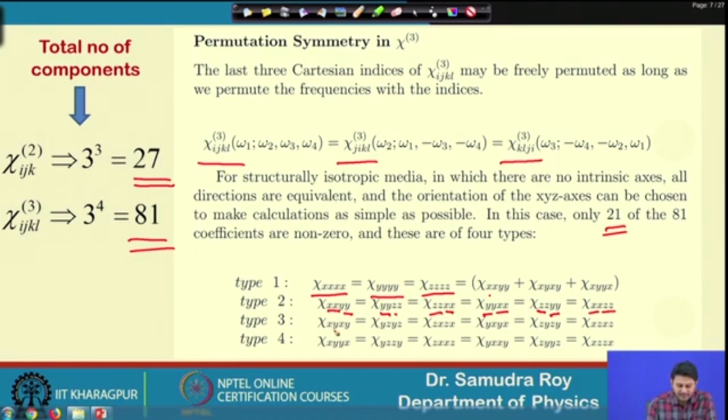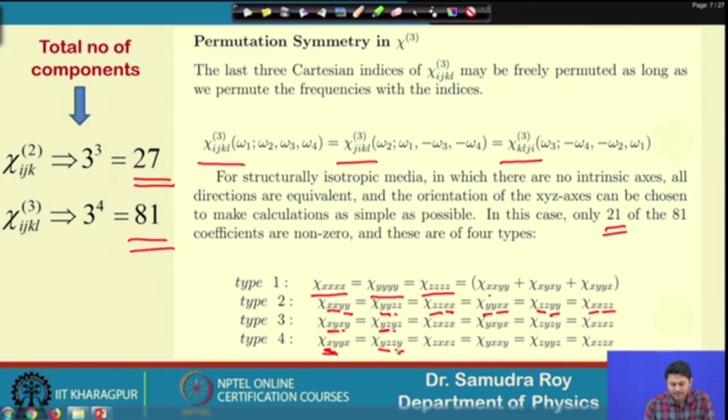Again there are some components XYXY, YZYZ, these are again of another type, and they are the same. Finally, we have a mirror kind of thing. So XYYX, YZZY, these components are again the same as each other.